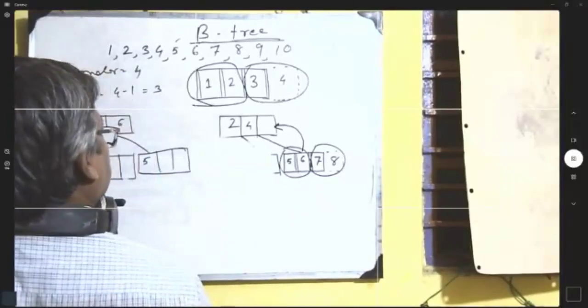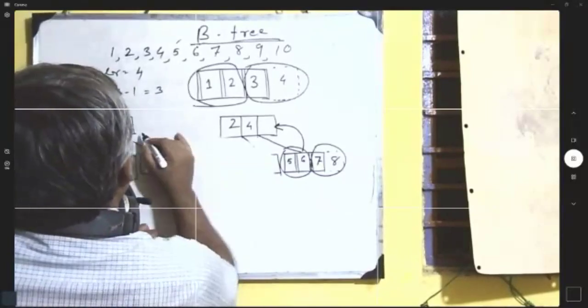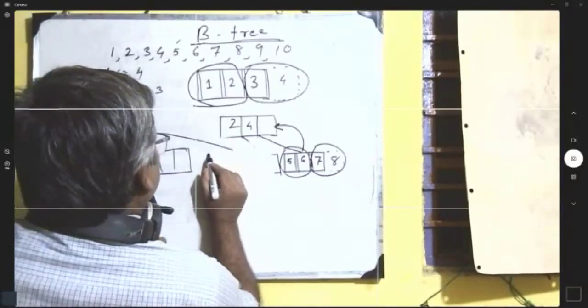And 7, 8 is greater than 6, so this will be the right child of the 6.